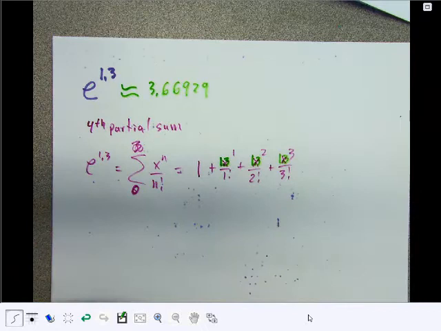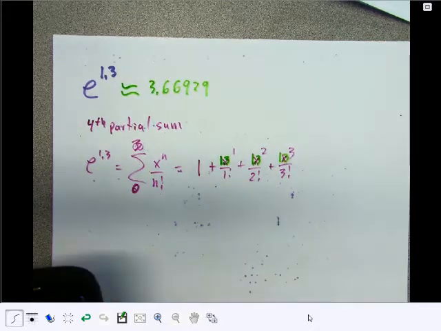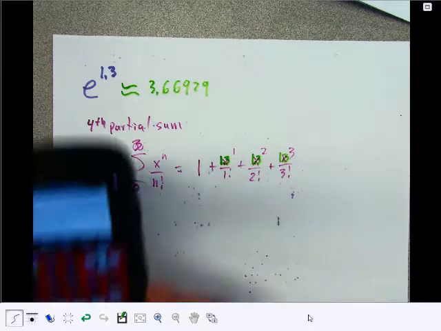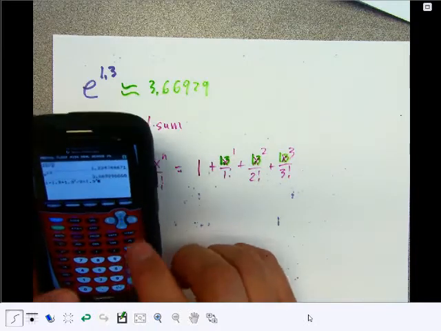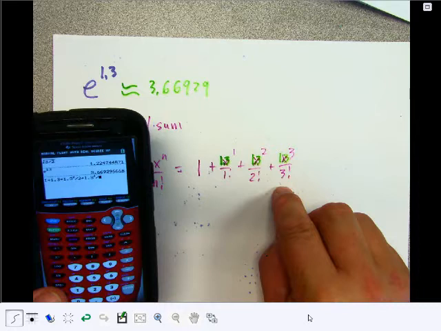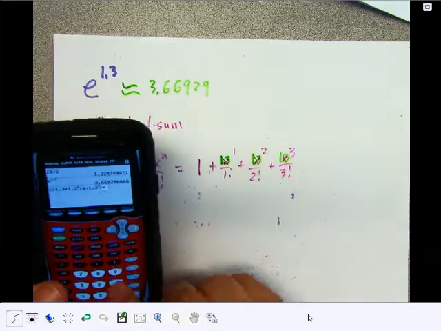And assuming I get all my buttons right, 1 plus 1.3 plus 1.3 squared divided by 2, because 2 factorial is 2, plus 1.3 raised to the third power divided by 3 factorial, which is 3 times 2 times 1, so it's 6.